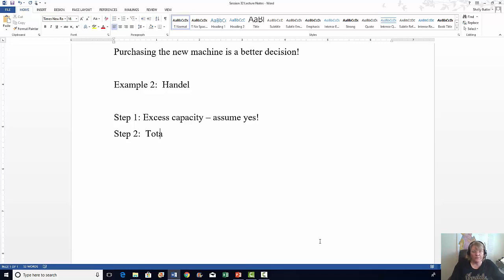The total revenue that we need, right? And we get that by the number of units multiplied by the $29, plus the bonus, which was $50,000.